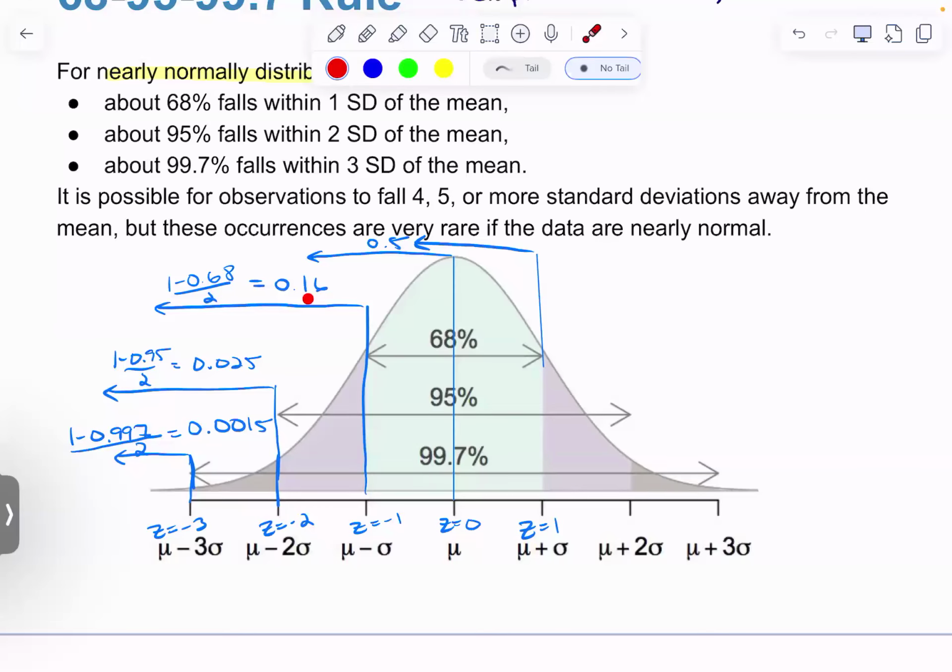Or you could say it should be 0.16 plus 0.68, adding up those areas. Whichever way you want to do it works for me. This is going to be 0.16 plus 0.68, which is 0.84.